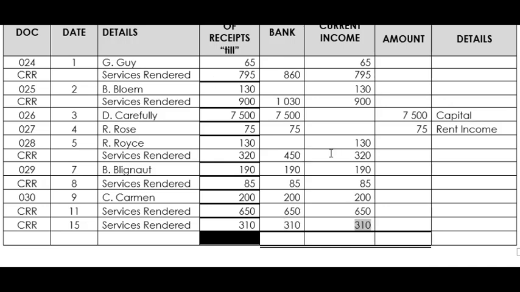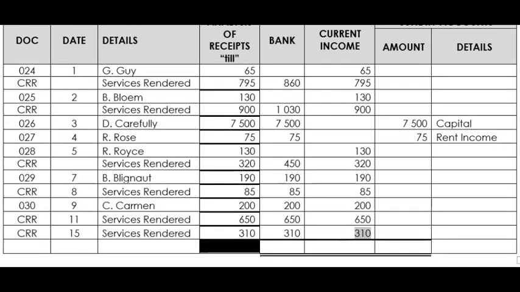And then right at the end, you need to remember to total your columns. Okay, so the total of the bank column, if you add all of these values together, is 11,350 Rand. Total of the money that we have received for services we have rendered is 3,775 Rand. And the total of other amounts we have received, sundry amounts, or sundry stands for other, or for random amounts that we have received, is 7,575.